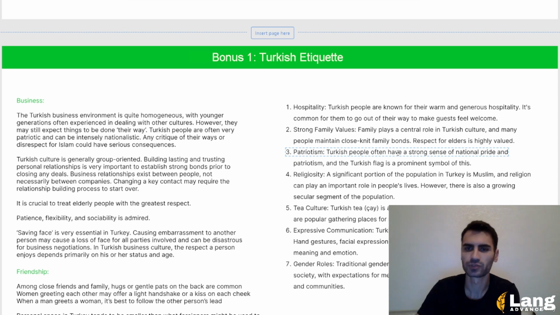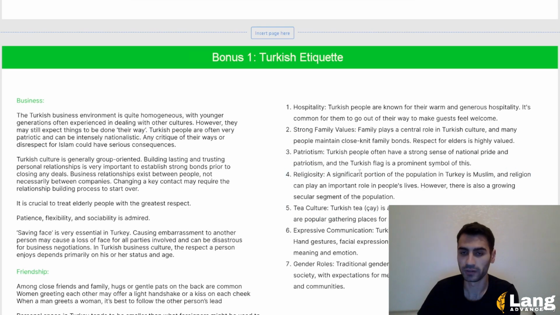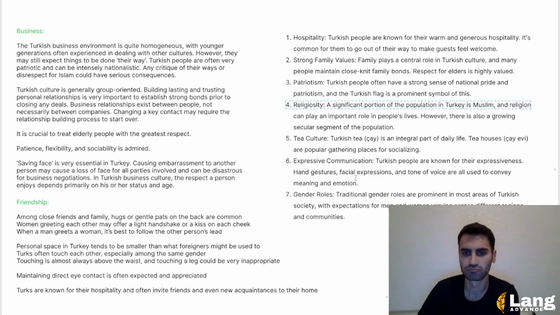People love the country, would like to protect the country and work for the country. And there are many people who are religious, and there are people who are not religious.